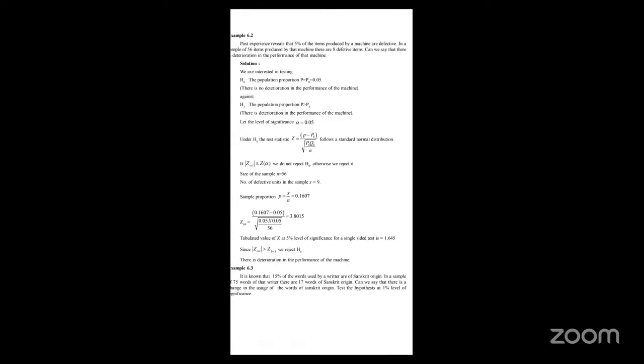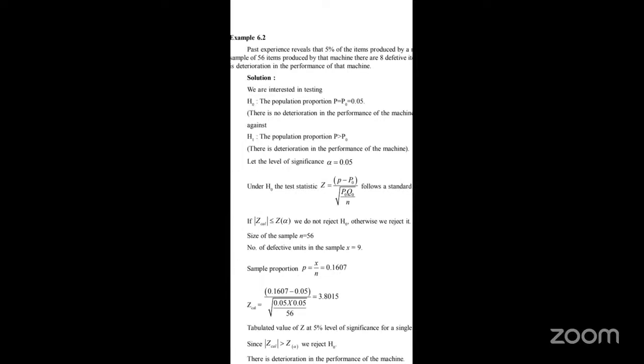Past experience reveals that 5% of the items produced by a machine are defective. In a sample of 56 items produced by the machine, there are 8 defective items. Can we say that there is deterioration in the performance of that machine?